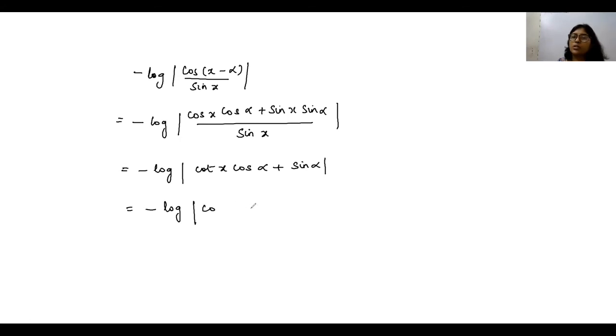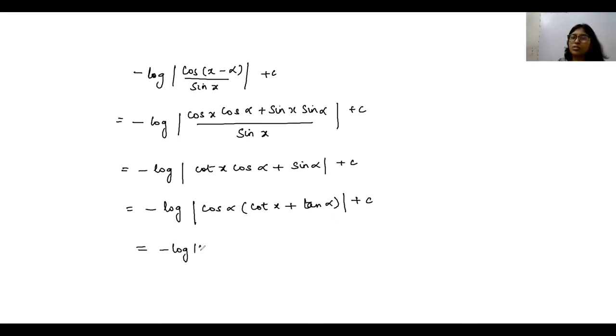Now since this is a question of indefinite integration, we have plus c everywhere. I have not written it here since it's already there plus c in the question, but we already have a plus c here. Now see, we have taken cos alpha common, so sin upon cos becomes tan. And then we will separate this.